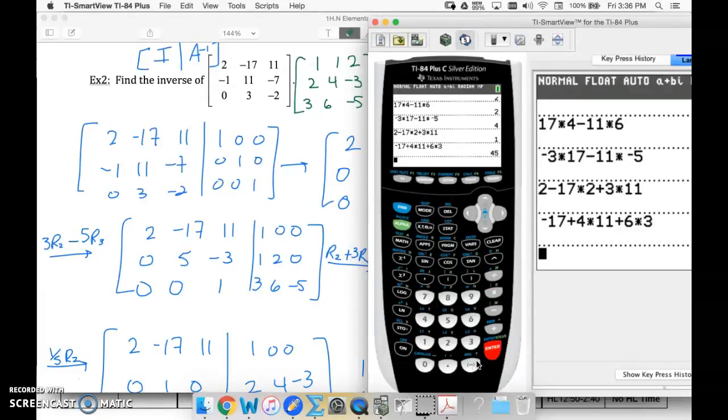Oh, something is wrong. Oh, perhaps because of the way I'm multiplying. So we should have this column times this row. So really I should have had 2 plus 4 times negative 17 plus 6 times 11. And we end up with 0.